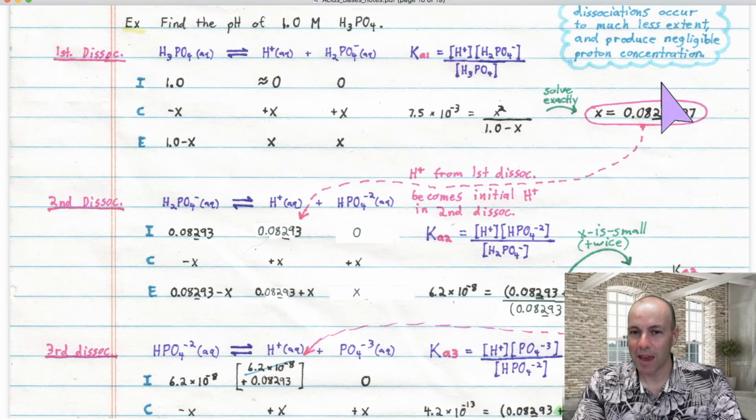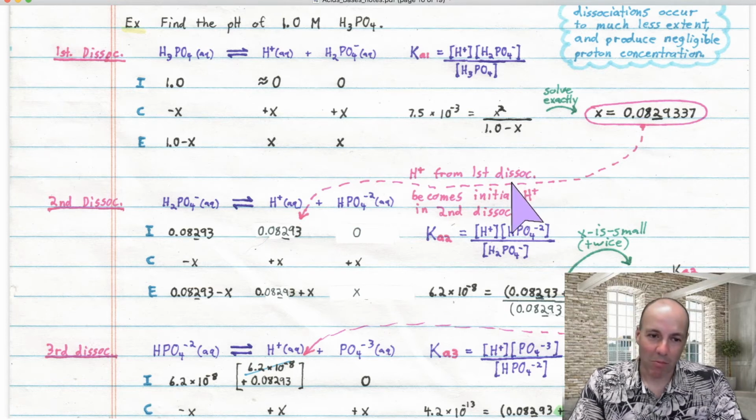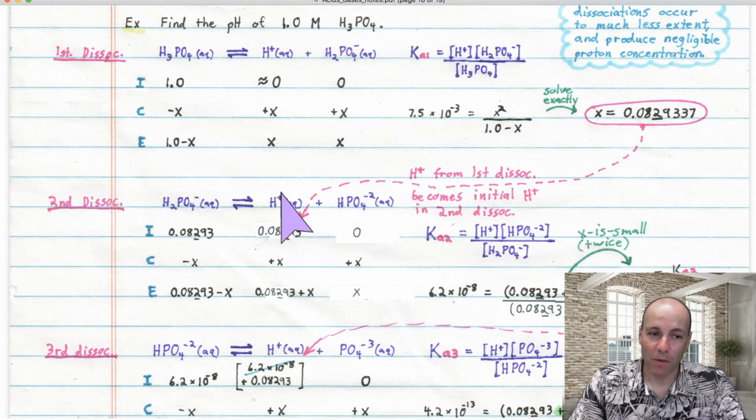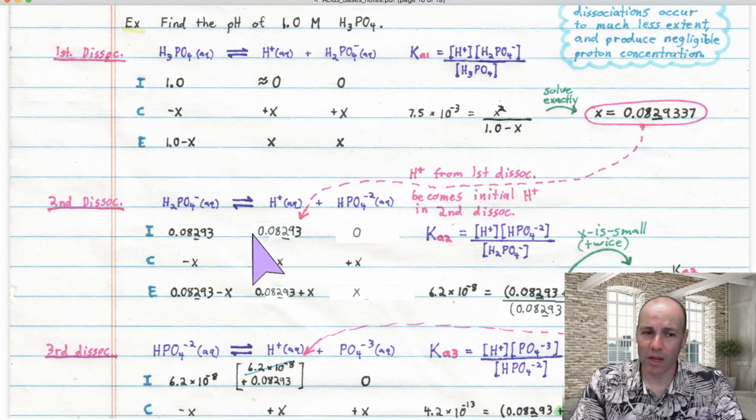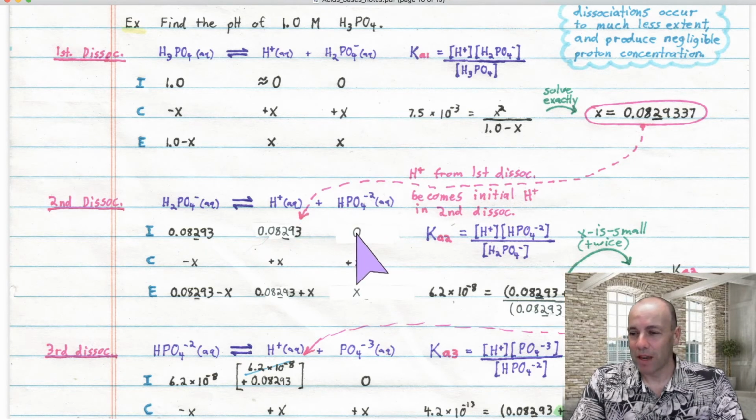So you have to take the X that you calculate and plug it in, not only for the proton concentration that you now have, but also for the H2PO4 minus concentration that is available to dissociate. So these are the initial concentrations in the second dissociation, but you haven't yet generated any HPO4 minus 2.